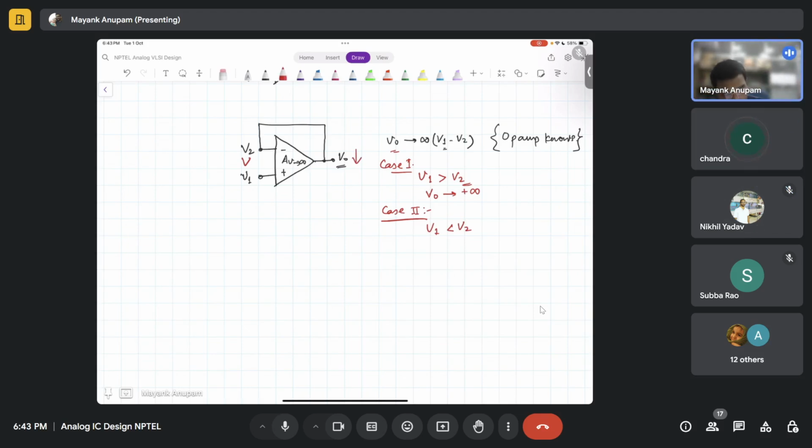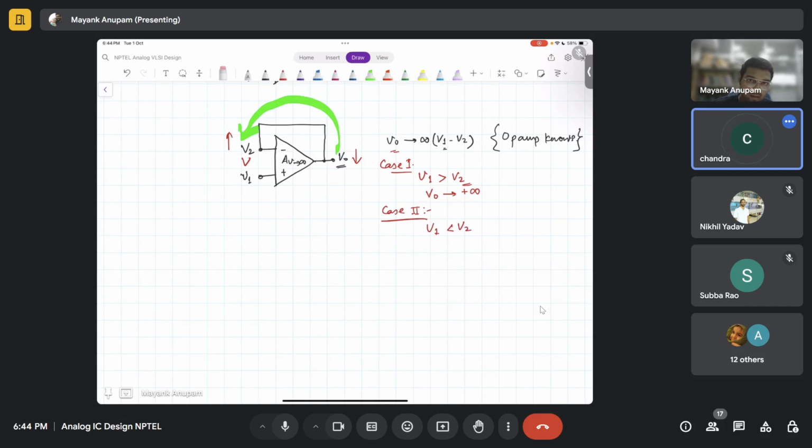Which means that if V2 was becoming larger than V1, this output is going to force V2 to become low, right? Which means this is how the negative feedback principle works. In this condition the circuit is enforcing its input to go close to V1.